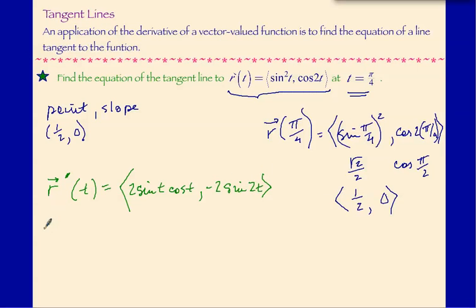So now let's find out what we have at pi over 4, because that's going to be the slope at the point that we need.